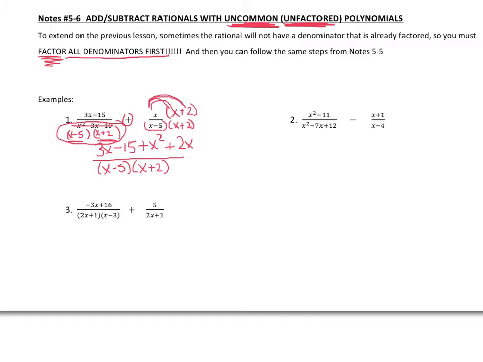Let's see if we can collect any like terms on top. The denominator is going to stay the same, x minus 5 and x plus 2. On top, I have an x squared term, so let's write that first, x squared. The 3x and the plus 2x combine to make plus 5x. And then we have our minus 15.